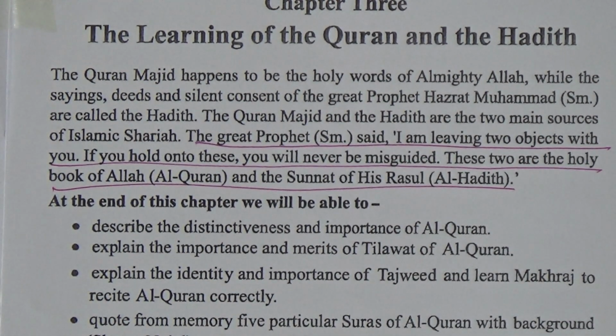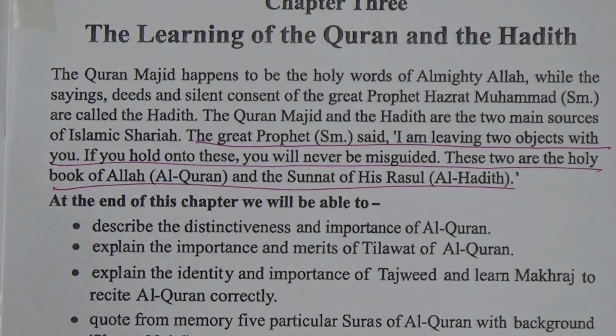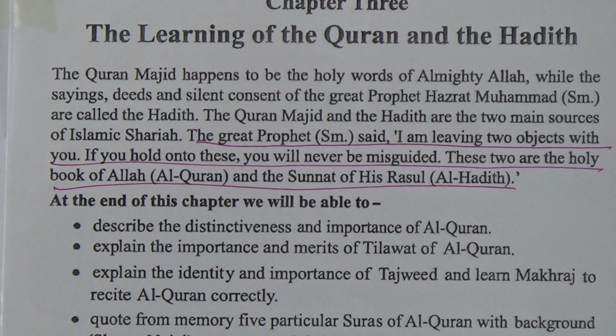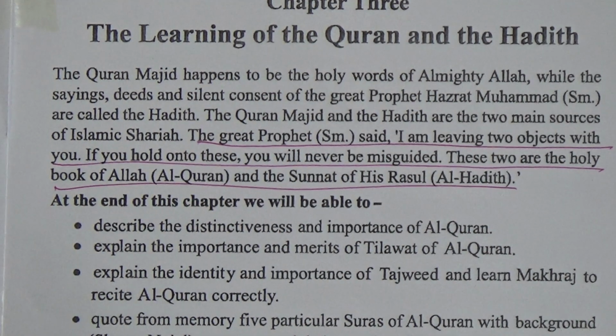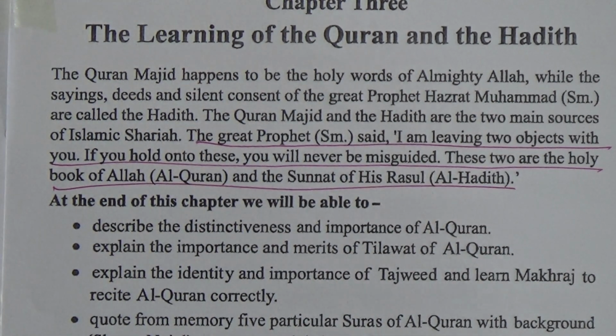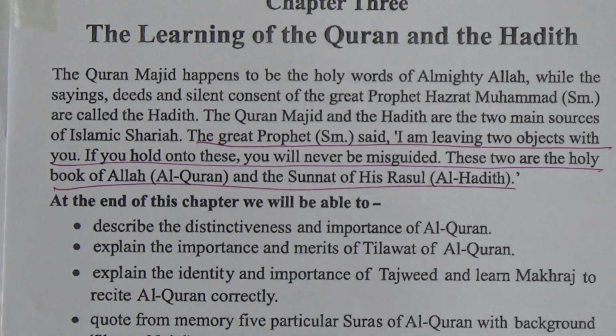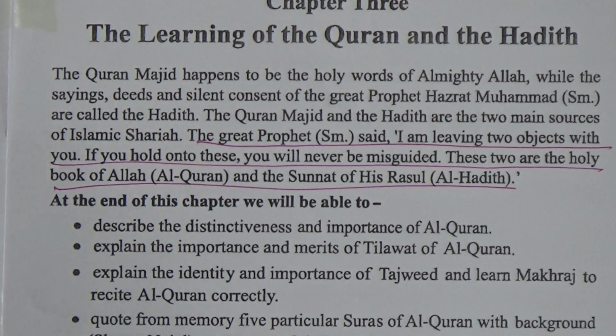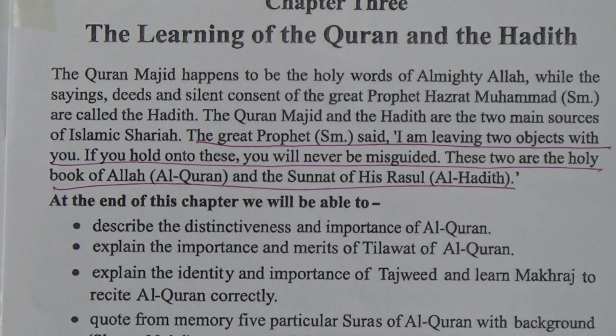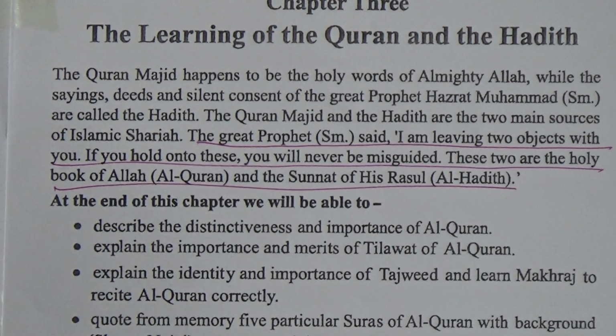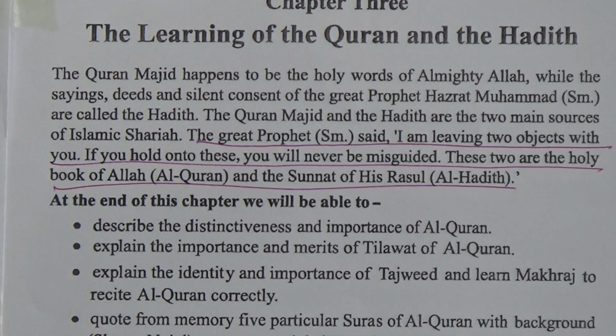Now come to lesson 1, the distinctiveness of Al-Quran. You know that Al-Quran Majid is the last and the best heavenly book. Allah the Almighty has taken the responsibility to preserve the Al-Quran. This book shows mankind the way of success.